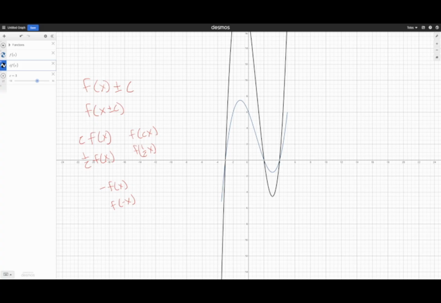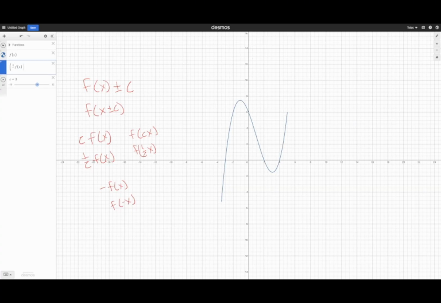And this is multiplicative, so you'll notice that where our y value is 0, we didn't change. So these points stayed the same because we're multiplying by that constant term, and only the y values changed. We're going to look at that in a table in a moment. And then if we were to go 1 divided by c, you'll see that we shrunk in that way.